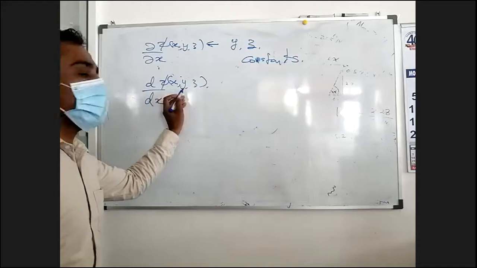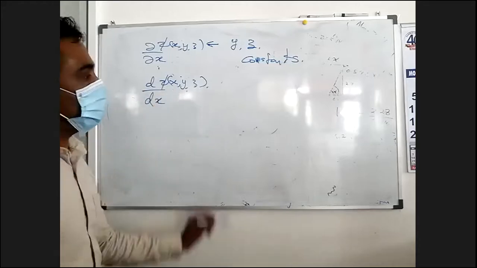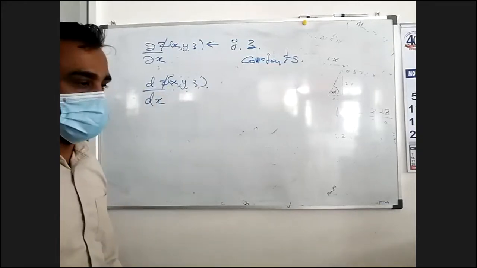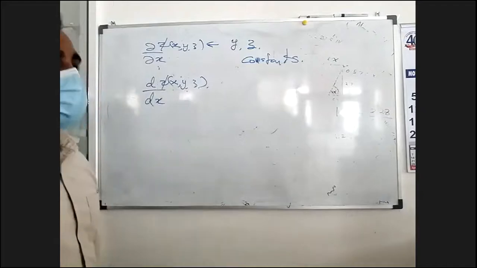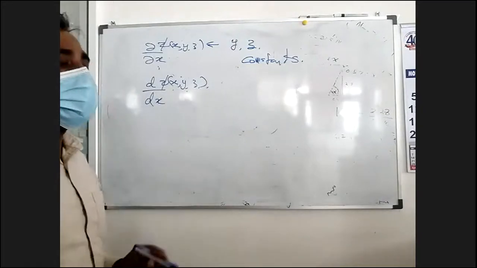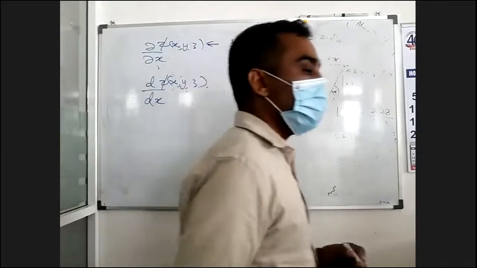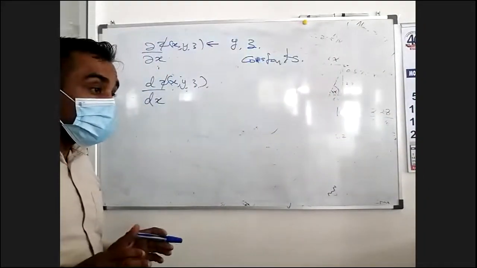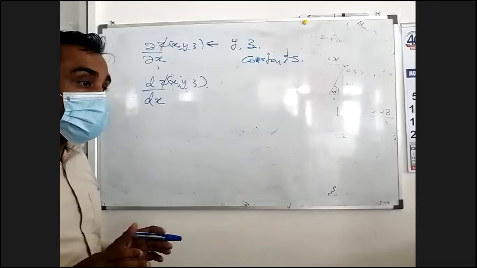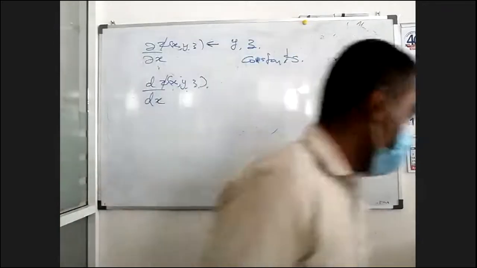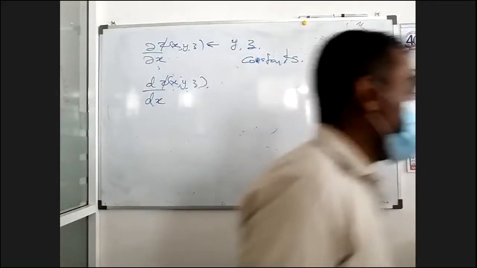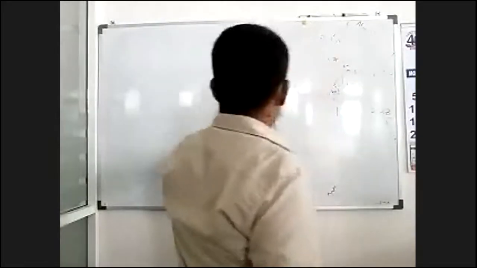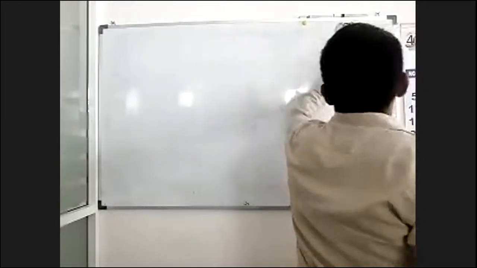Sometimes x and y might have a relation, x and z might have a relation. But in the partial derivation, we assume the other variables remain constant. Clear? Yes, sir, clear. That is the difference between the partial derivative and the conventional derivative.